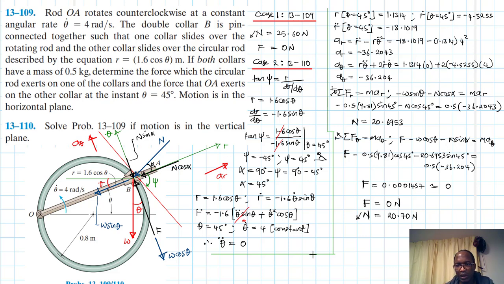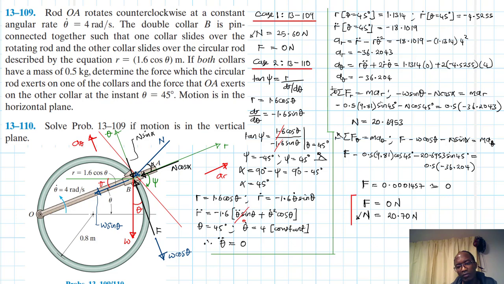So let me check this again: minus 0.5 times 36.204 plus 20.6953 sine 45 plus 0.5 times 9.81 cos 45. Alright, I think this is about it.